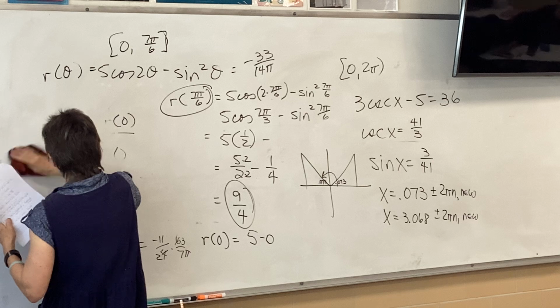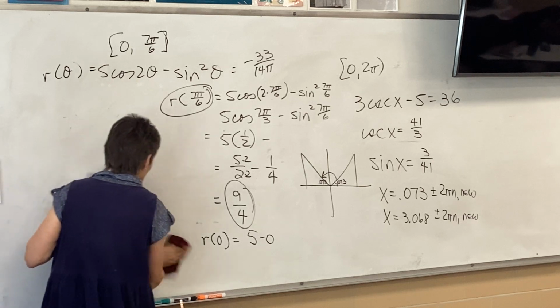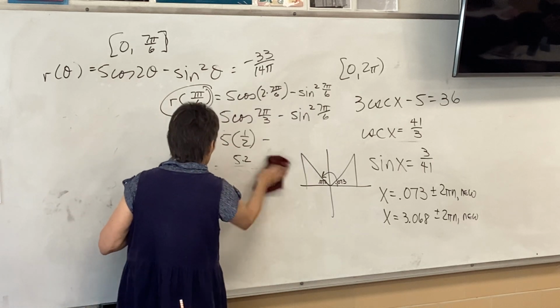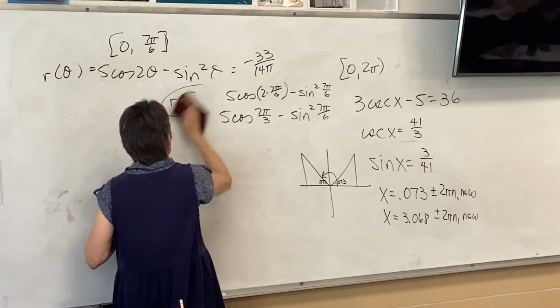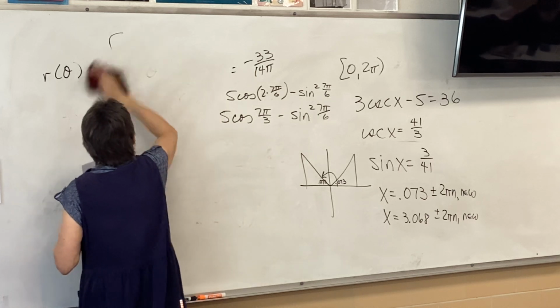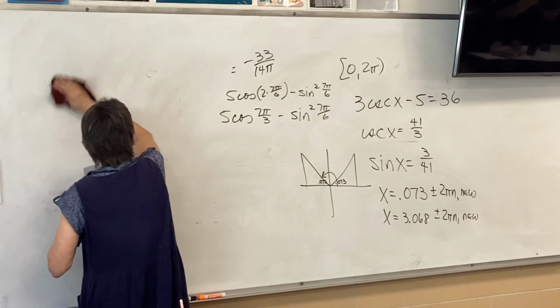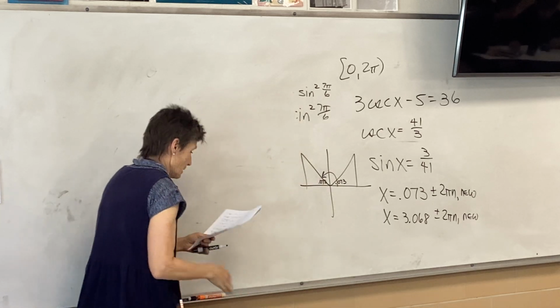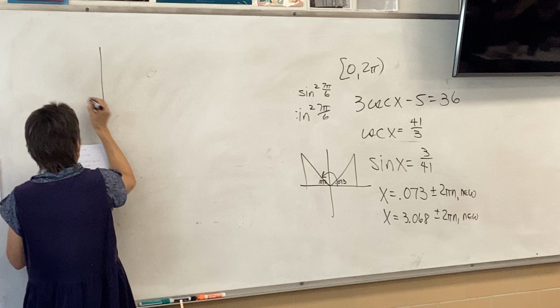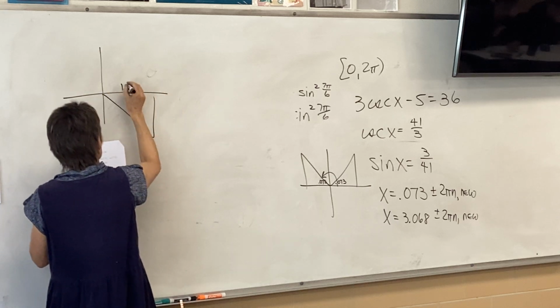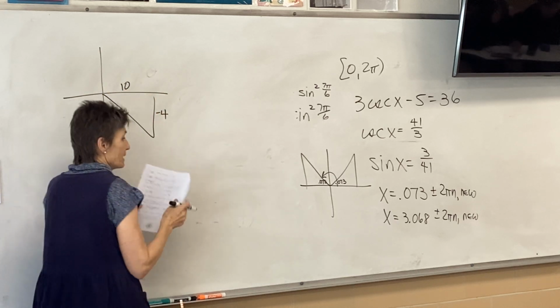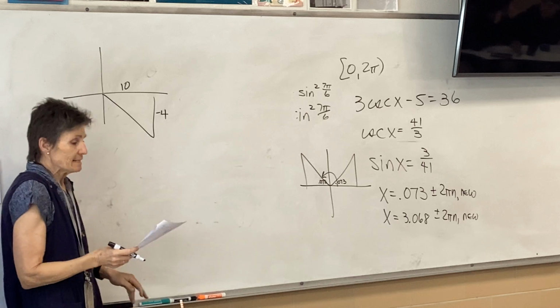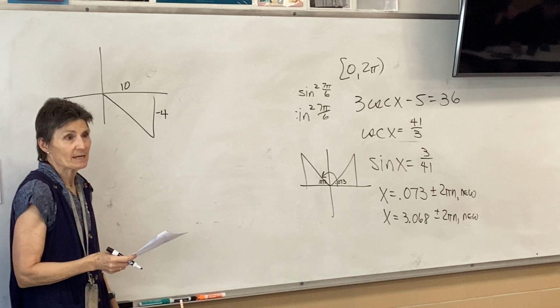Find the polar form of this number. So I need polar, so I need an R and I need a theta. I have an X and a Y. This is what I have given to me. I need an R and a theta.